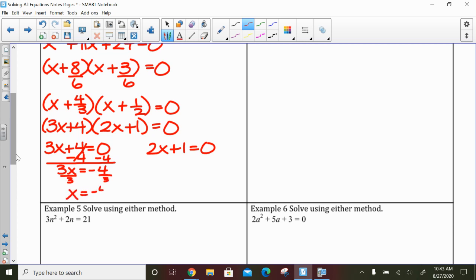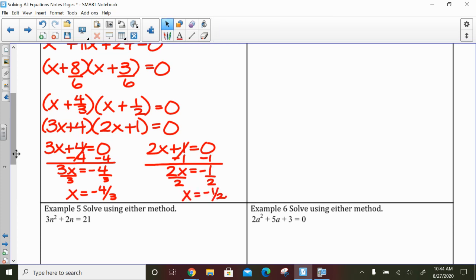And x is -4 over 3. Over here, subtract 1 from both sides. 2x equals -1. Divide both sides by 2. X is -1/2. So the solutions here are -4 thirds and -1/2.